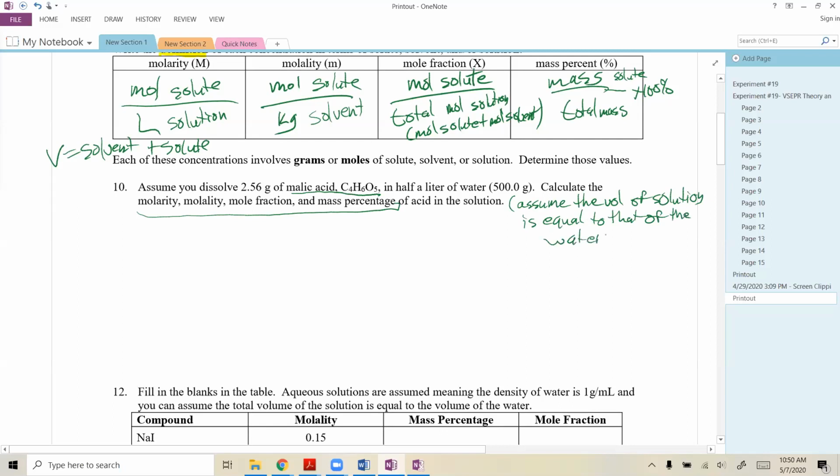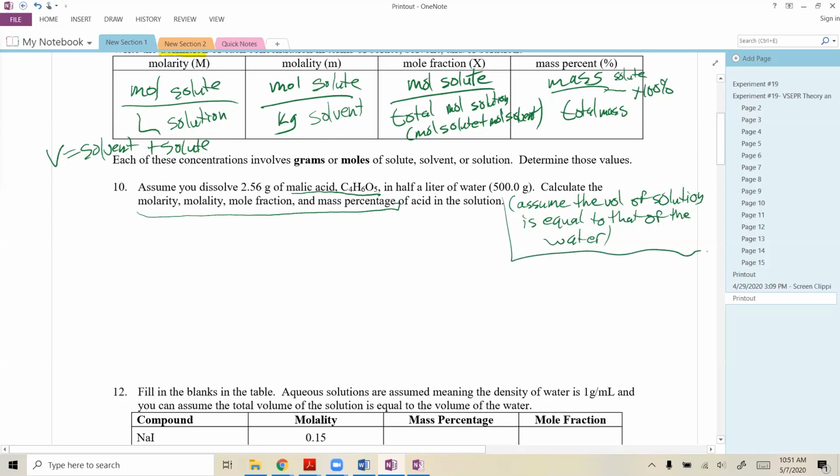Now, when we really make solutions, the volume can sometimes change as we start to dissolve things inside. Sometimes your solution will increase in its volume as we start to put more material inside because the water solvent particles will start to space themselves out. Sometimes when we mix them together, the volume will actually go down. And so it just kind of depends.